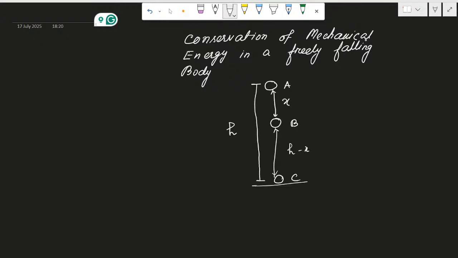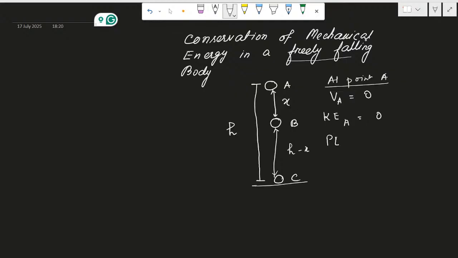Okay, now at point A, we know velocity at point A should be 0 at the topmost point, because we are considering it is freely falling, no velocity is supplied to that object, free fall condition.